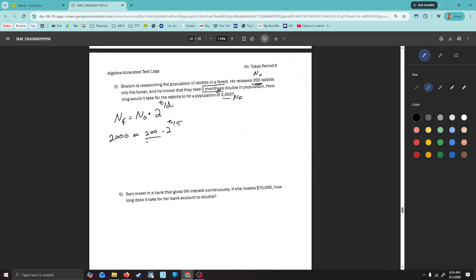So I'm going to divide 200 on both sides. So 10 equals 2 to the t over 5. You have to bring the 2 over. Let me rewrite it. Log base 2 of 10 equals t divided by 5. And then times it by 5. So 5 log base 2 of 10 equals t.